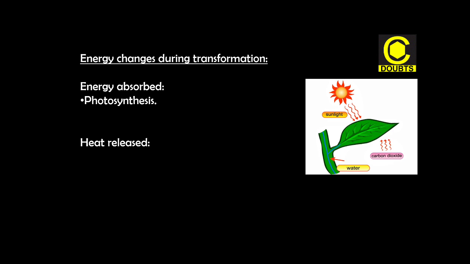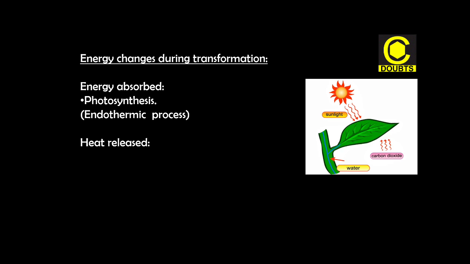In the photosynthesis process, plants produce carbohydrates with water and carbon dioxide using the energy from sunlight. Here we can clearly see that for the production of carbohydrates, the plant uses the sunlight, that is, the energy is absorbed in the form of sunlight. So it is an energy absorbed process. These processes can also be termed as endothermic processes.